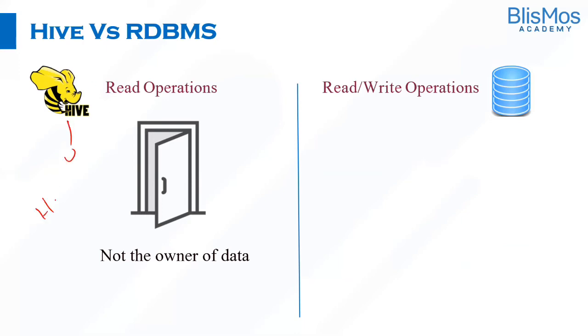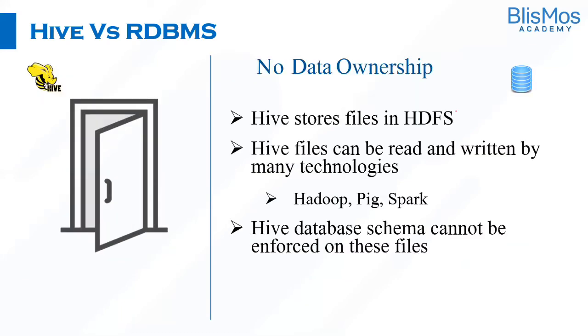Hive stores the data in HDFS, that is Hadoop Distributed File System. Hive files can also be read and written by other technologies like Pig, Spark, and other components of the Hadoop ecosystem.